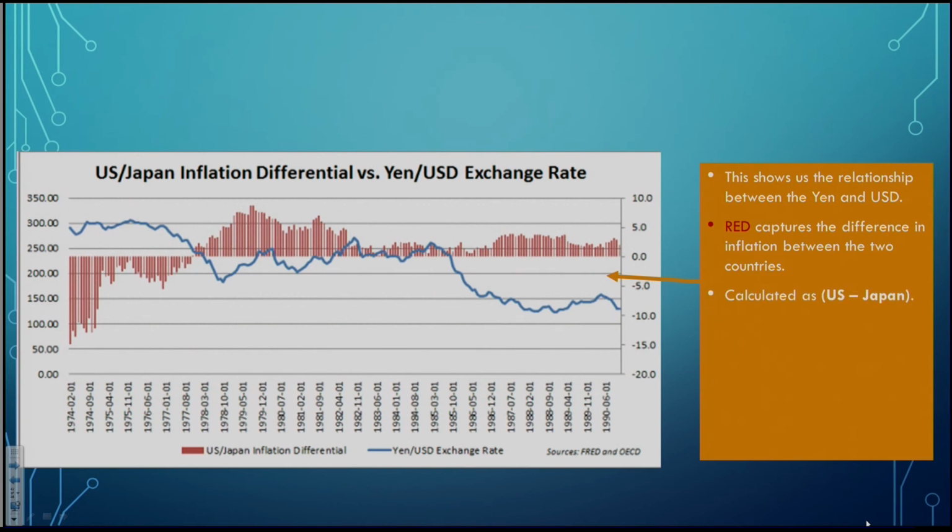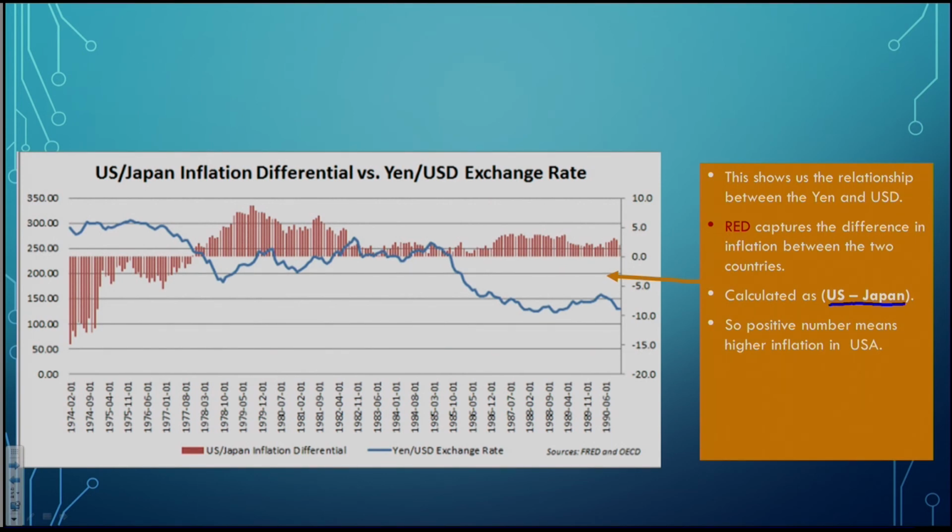But, be very clear, it's calculated as US inflation minus Japanese inflation. So what if the number is positive? If it's positive, that means inflation is higher in the US than in Japan.